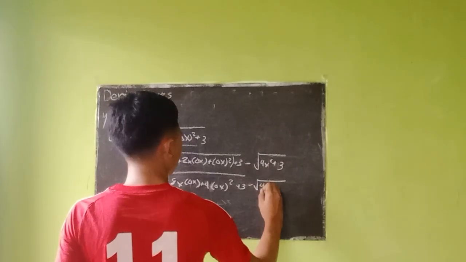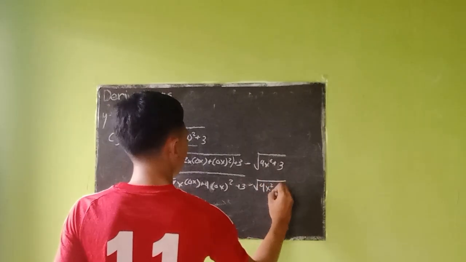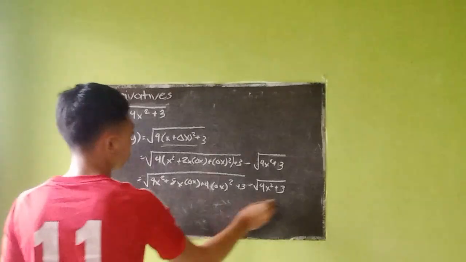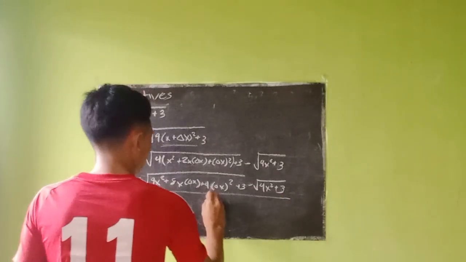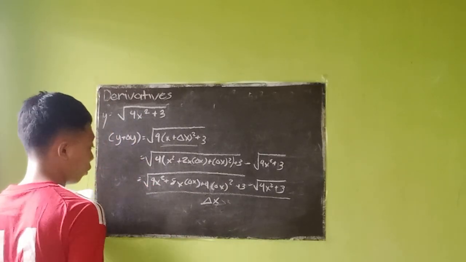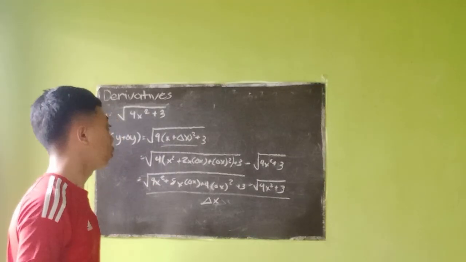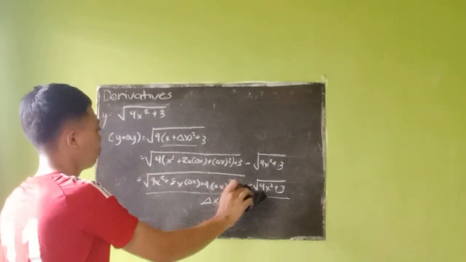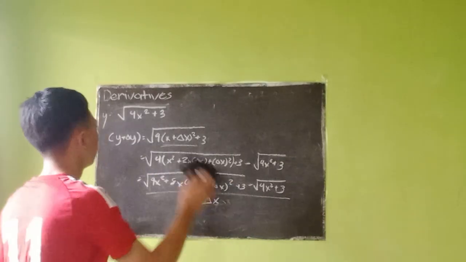Then copy 4x squared, it stays. And after that, we'll have all of that over delta x. Once you're done, you also need to rationalize that by finding its reciprocal.